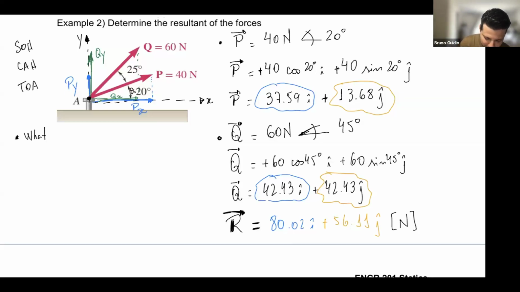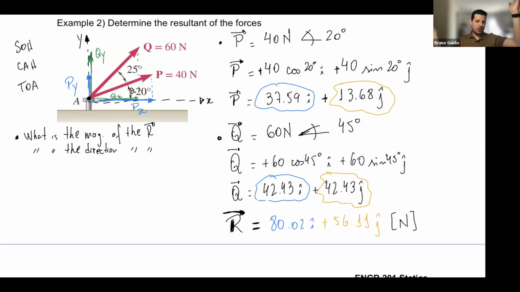What is the magnitude of the resultant? And what is the direction of the resultant? Because right now I have the components of the resultant. But what is the magnitude?